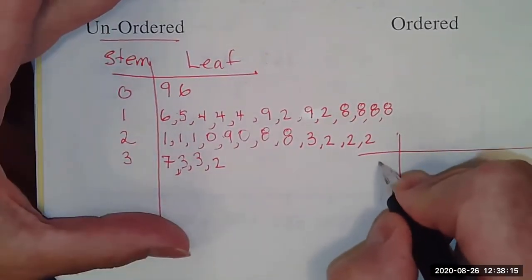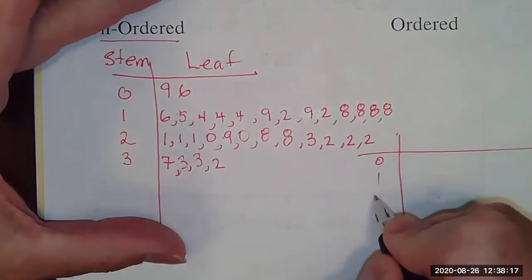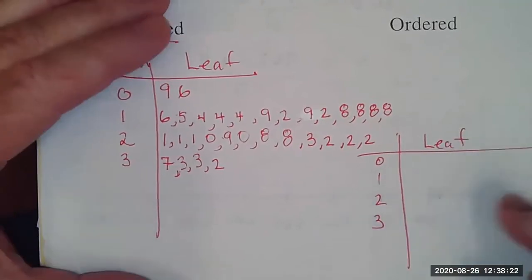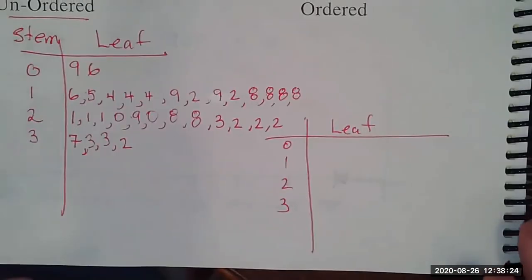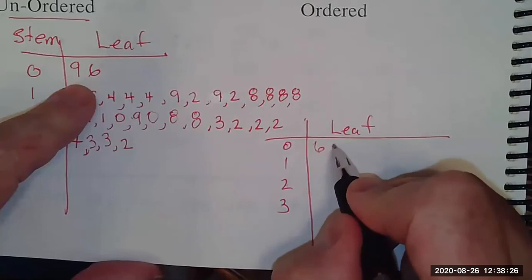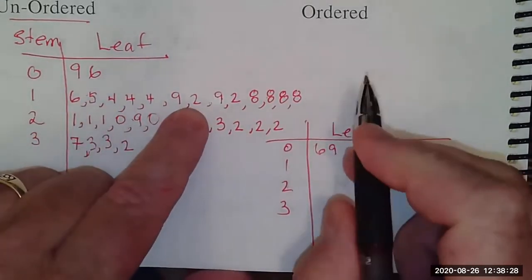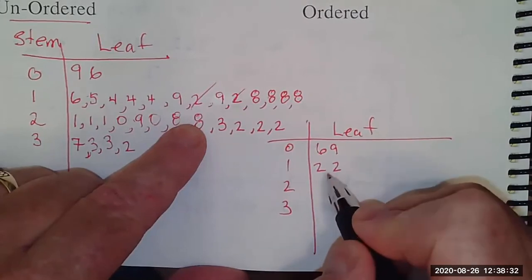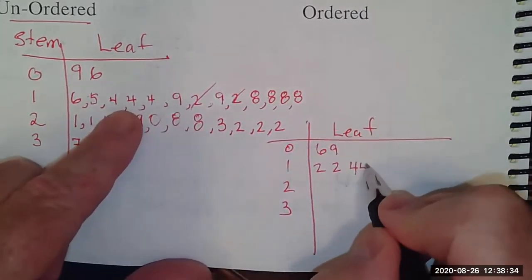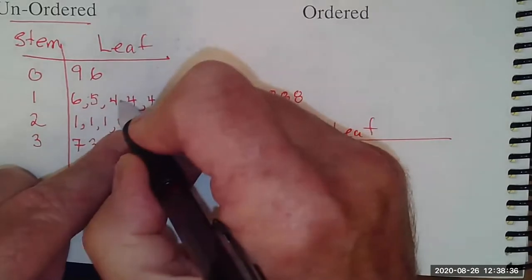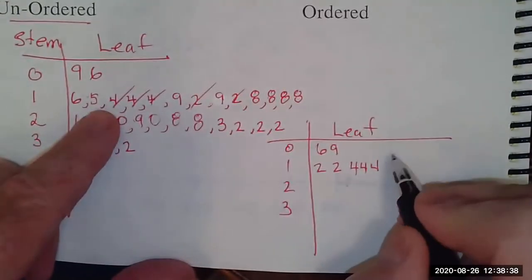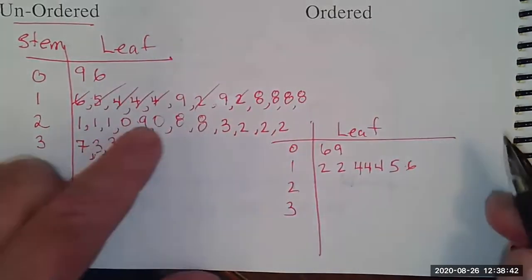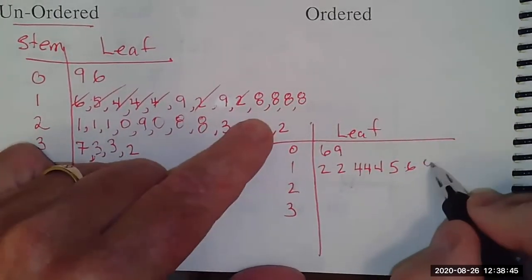This would be 0, 1, 2, 3. This is leaf. Okay, so this would be 6 and 9. I'm going to put the 2's first. 4 is next. 5, 6, 8's.